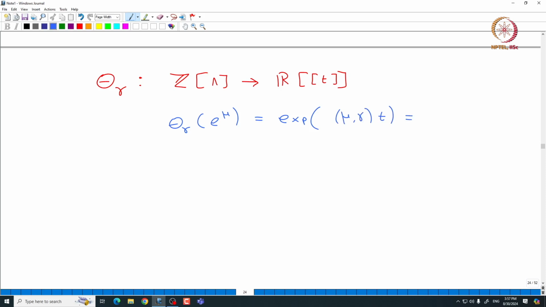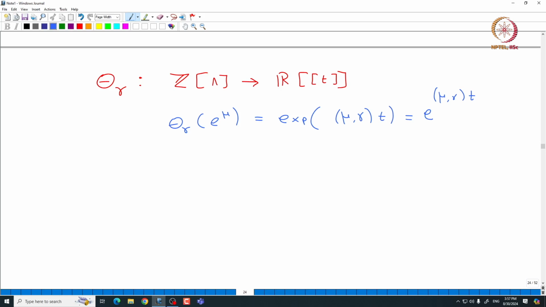This is the usual exponential. Now, this is a map from the group ring to the formal power series. You can extend this linearly to all elements of Z[Lambda]. Then you can verify that one can comfortably do computation with this map theta gamma. So, this is indeed an algebra map.